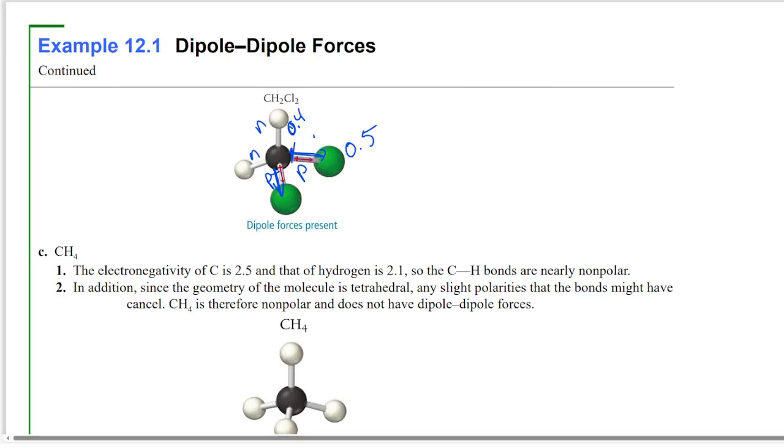They're not flat in most cases, or at least in this case, and because of these vectors, we have a resulting vector going right down the middle, and so we have a dipole for this molecule going in this direction. Okay, so that means we have a partial negative built up on this side of the molecule. So this molecule does have a permanent dipole.